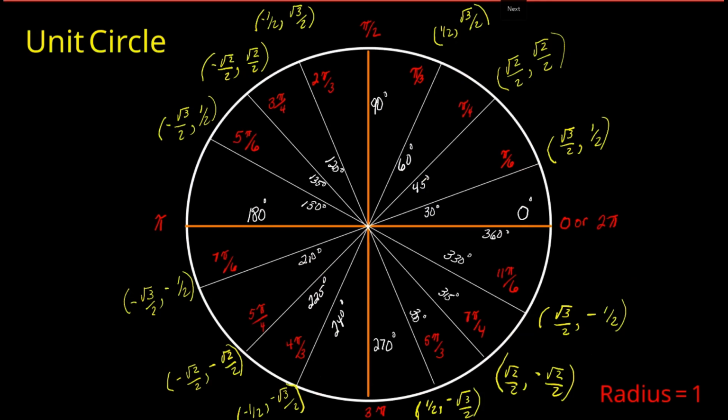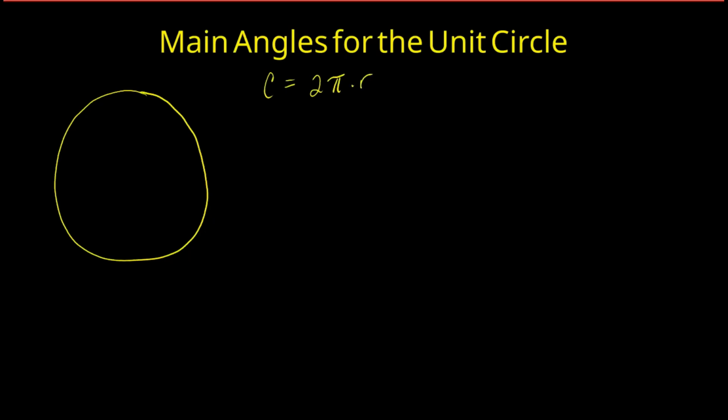This is the unit circle. Oftentimes math teachers present this and tell the students that they have to memorize it, and that generally just terrorizes the students. Let me show you an easy way to remember this or to be able to draw this without having to memorize the entire thing. Remember that the circumference of a circle is equal to 2 pi times the radius.